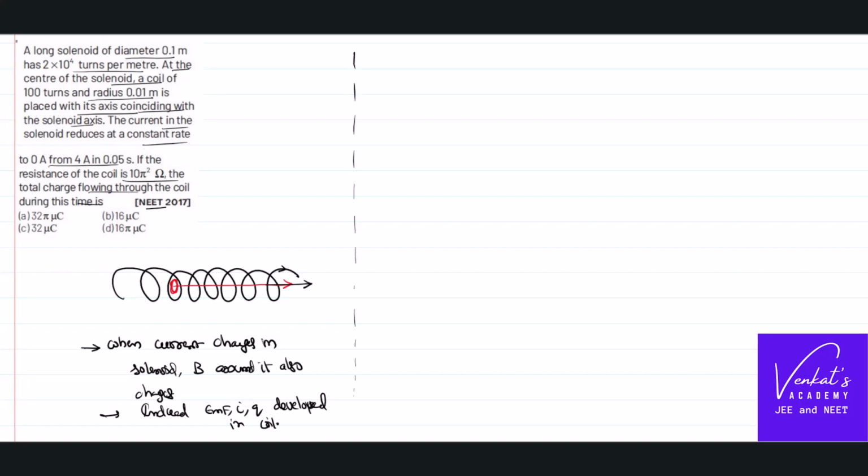So I hope you understand now what we are looking for. What is happening here is, as the current in the solenoid changes, the field B around it changes. As B changes, induced EMF, induced current and induced charge come in this coil placed coaxially, and we need to calculate the charge in that coil. That's our aim. So induced EMF equals minus N into d phi by dt.